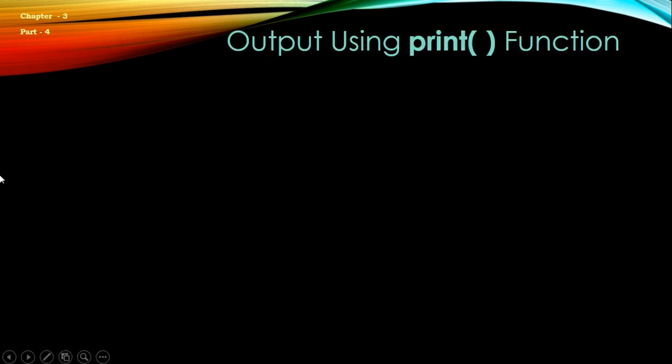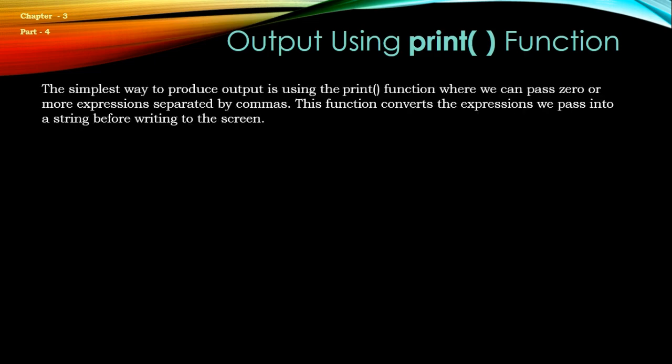Now we'll see how to give output using the print function. This is the simplest way to produce output, where we can pass zero or more expressions separated by commas. This function converts the expression we pass into a string before writing to the screen.